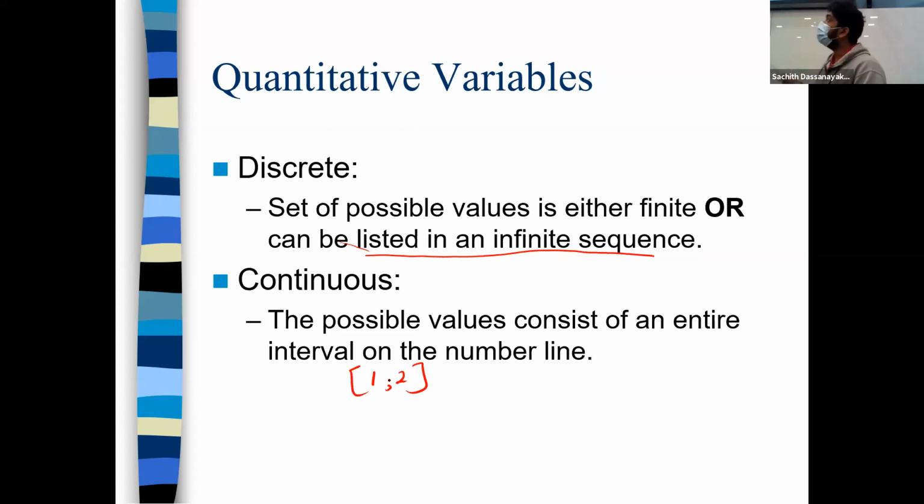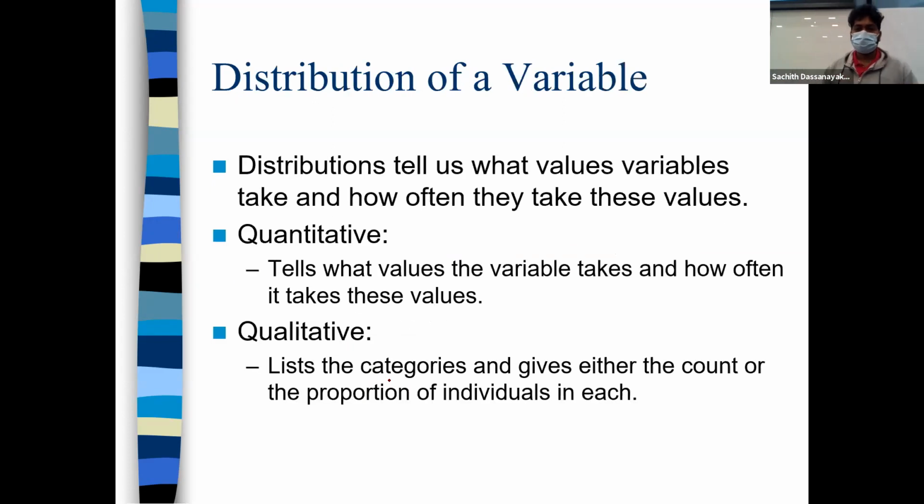So these kinds of values we call continuous values. So a quantitative variable can be either discrete or continuous, and we can deal with these as well. Clear? So if we consider a variable, we can talk about its distribution, how it is distributed. It tells us about its values.